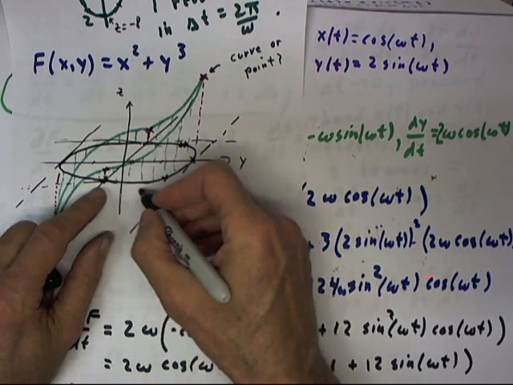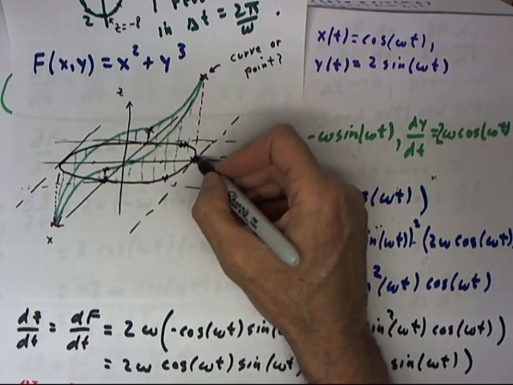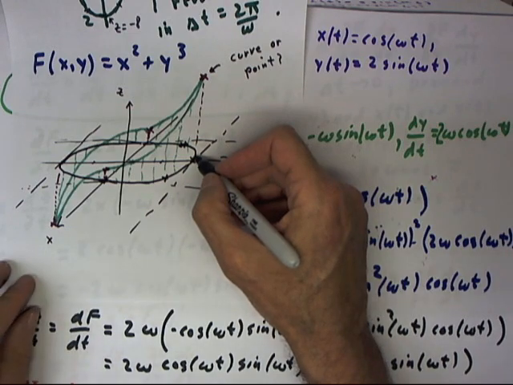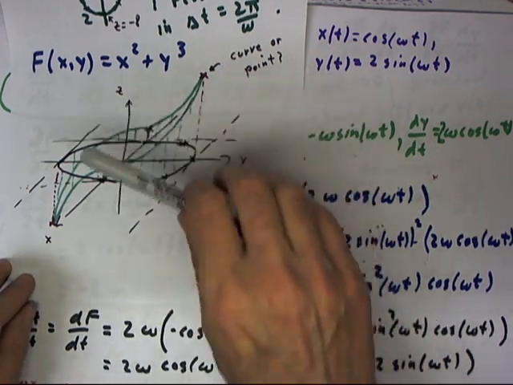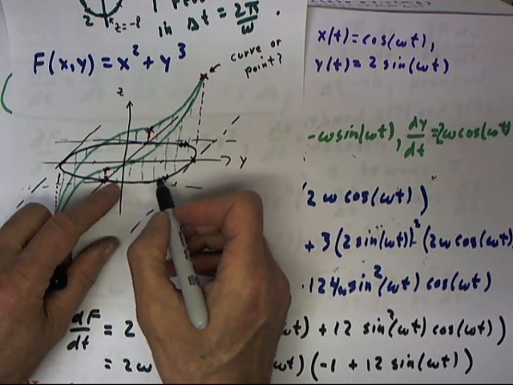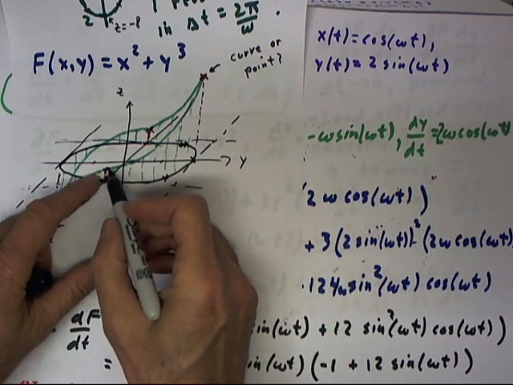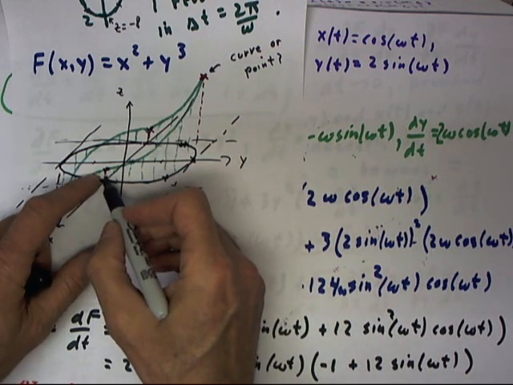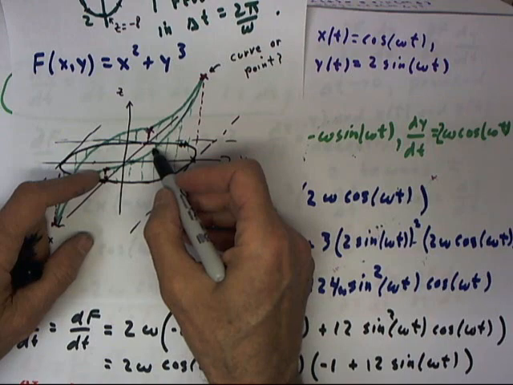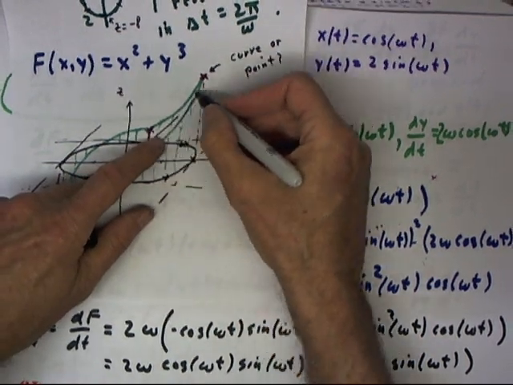Just looking at the motion between here and here, we're moving faster here than we are here. df dt tells us how fast we're rising. So we're moving fast along the ellipse here, but what's our point on the curve doing? Well, the curve isn't as steep here, so even though we're moving faster, we're probably rising more slowly between here and here than we are between here and here.